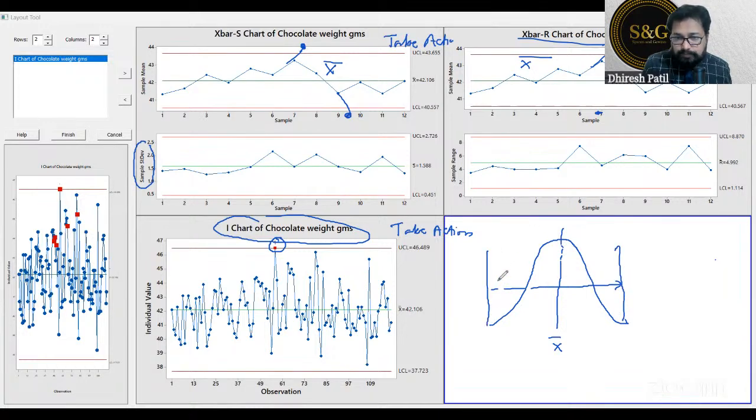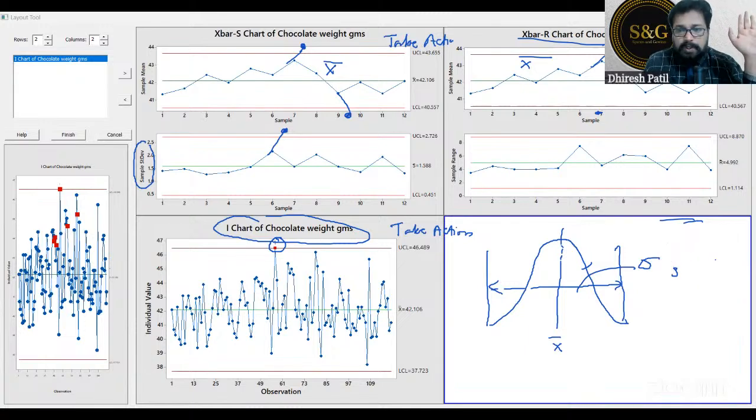Now understand this. If my standard deviation is increasing, the data will go up here. Yes or no? If the process's standard deviation increases, that means the variation increases, the data will go on the upside. Everybody, have you understood this? This is the standard deviation. This is sigma, or maybe S. S is standard deviation.